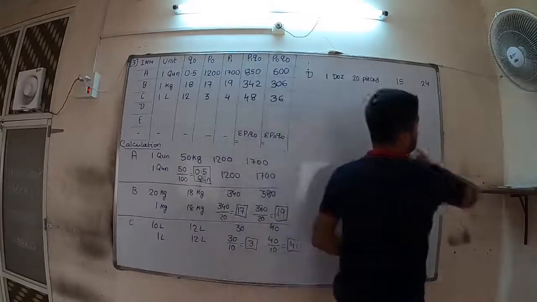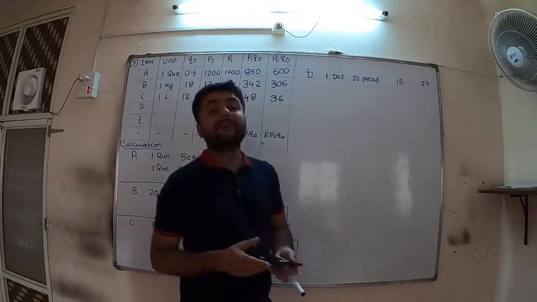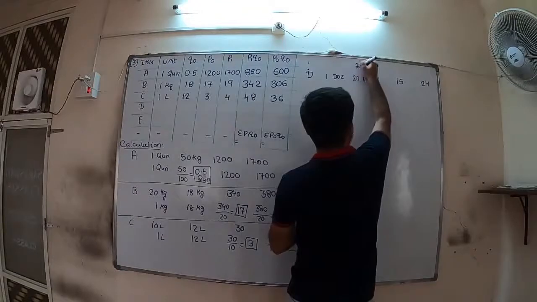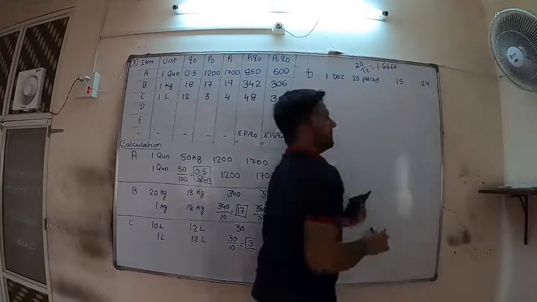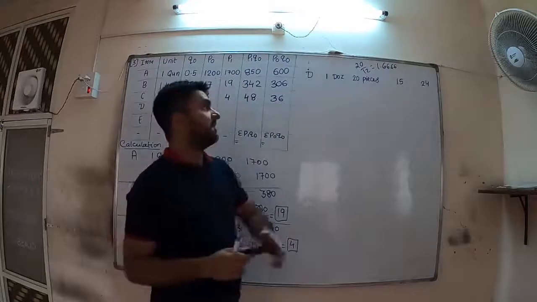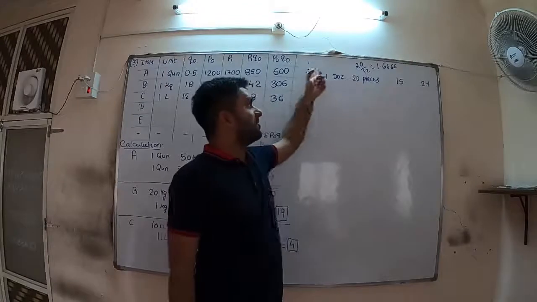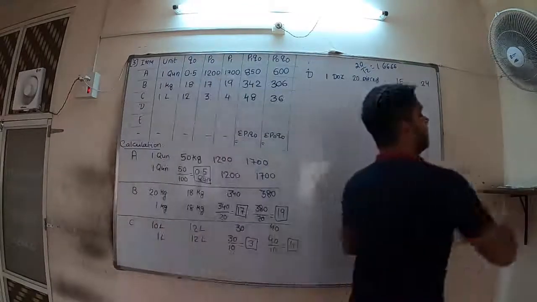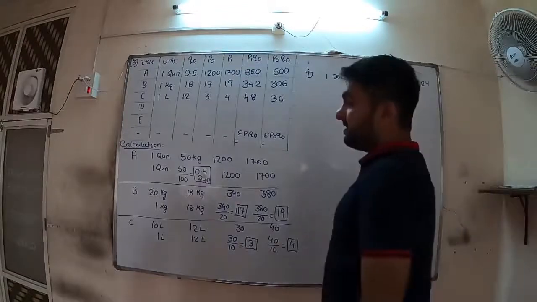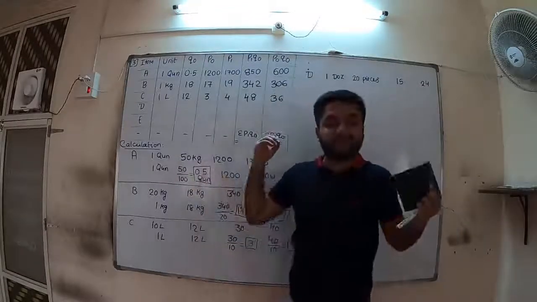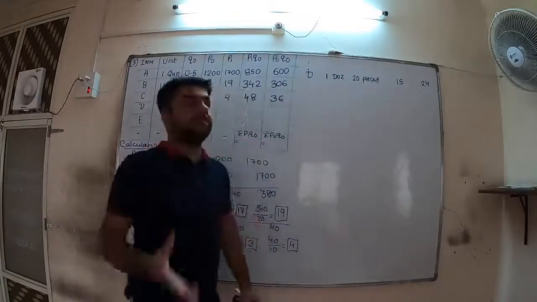When we divide 20 by 12, we are not getting an exact answer. 20 divided by 12 is 1.6666. So this is again not possible. While converting piece into dozen, it was not practically possible. So please convert dozen into piece. This is the only thing to be remembered. When the unit is 1, the quantity is always possible to change. But in dozen it is not possible to change.